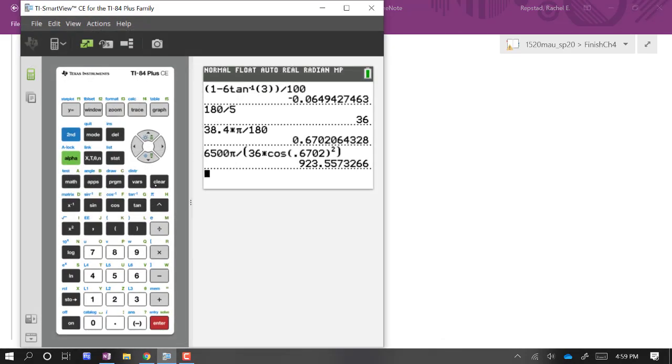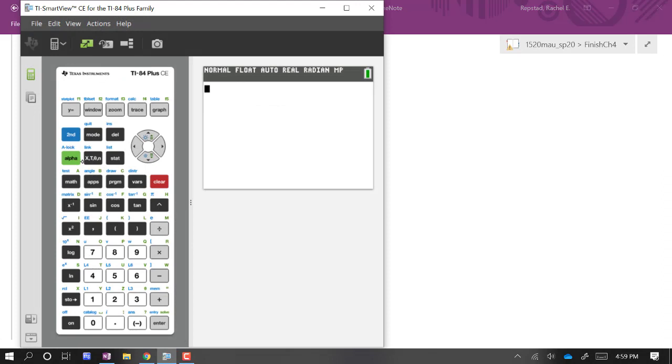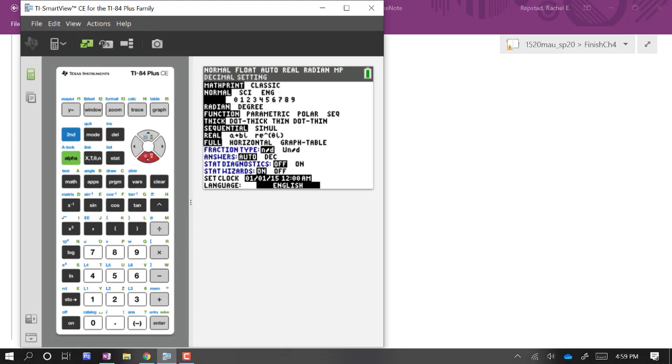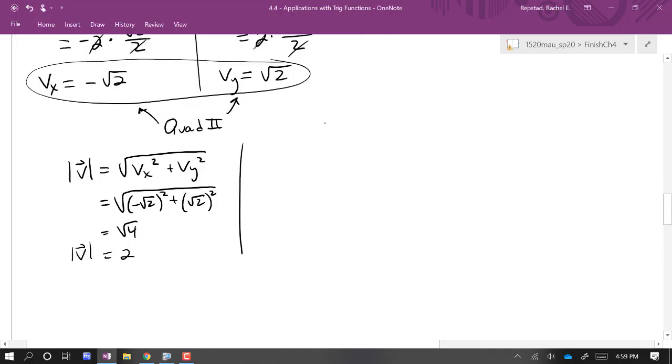I'm going to go ahead and put my calculator in degree mode to get the direction. It's in quadrant 2, so that means theta is 180 minus arctan of root 2 over root 2. Remember, we always plug in positives to the arctan when we're finding the angle of a vector.